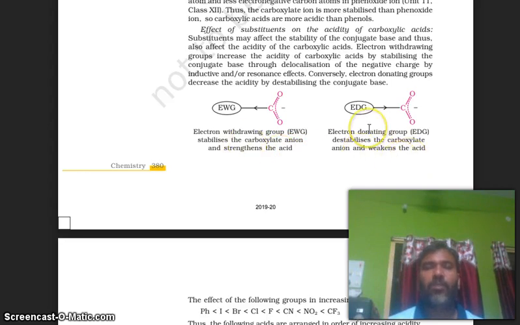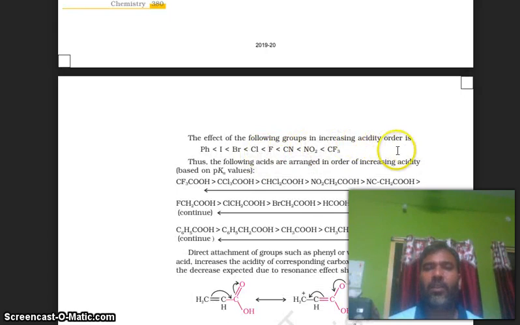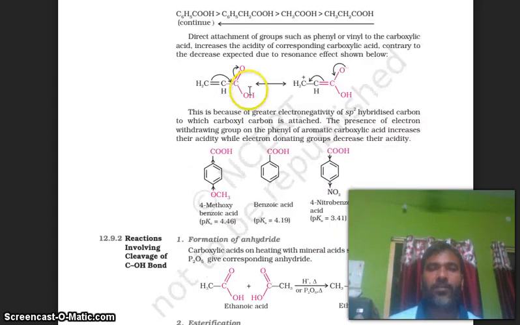So this is a very important concept. The effect of the following groups on increasing acidity order is, you see, CF3 is much more than phenyl. You see CF3COOH is greater than CCl3COOH and so on. Take a copy and pencil and write it down.